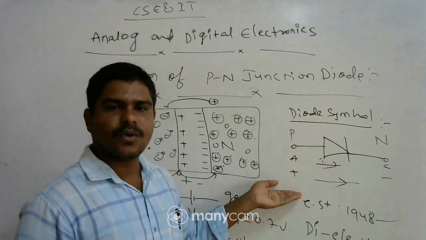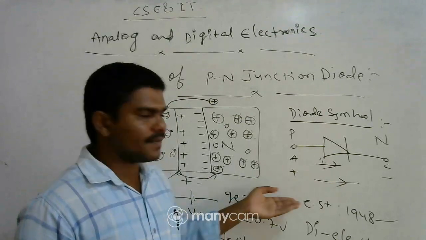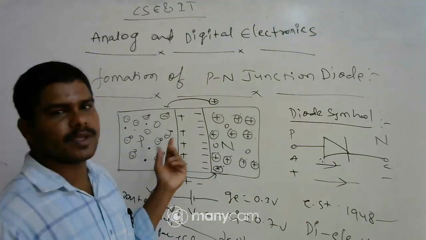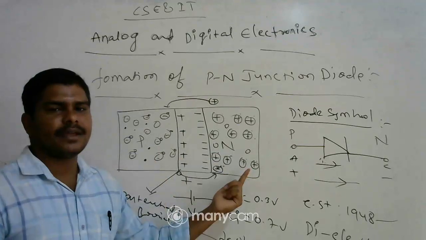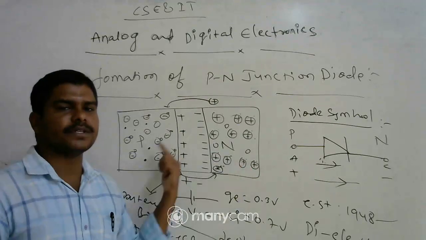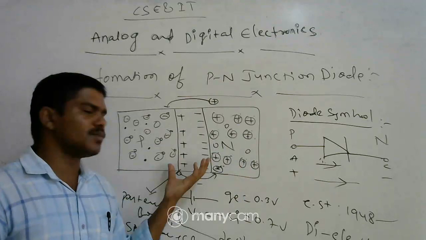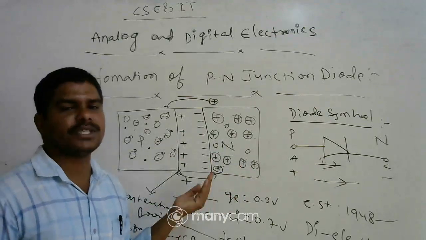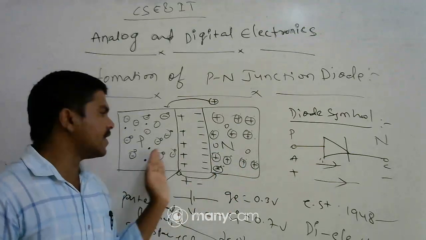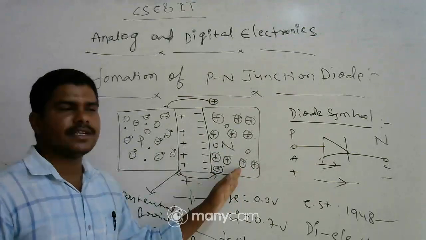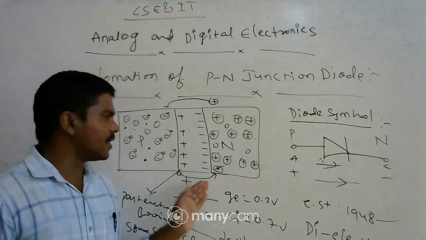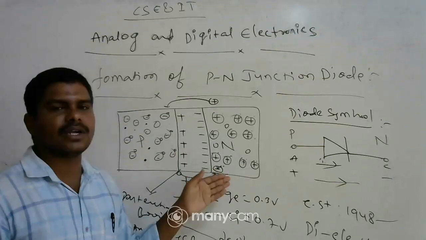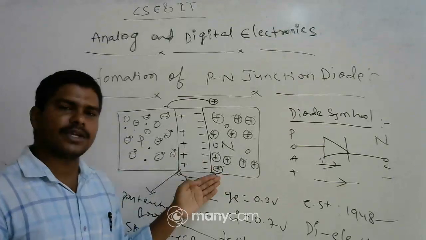Now you have to see the movement of charge carriers, that is, how charge moves from the P region to the N region and from the N region to the P region when you apply an external voltage. You have to study the resistance through the diode, the voltage through the diode, and the current through the diode.